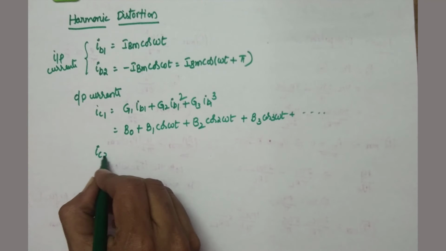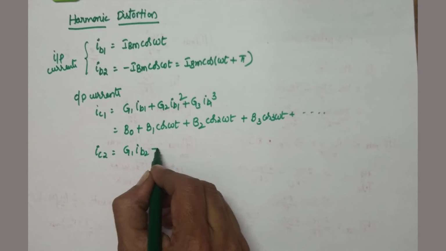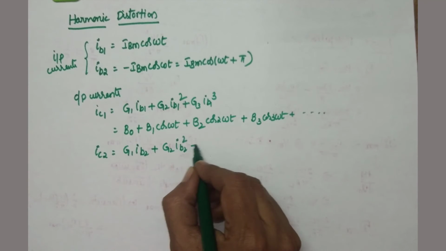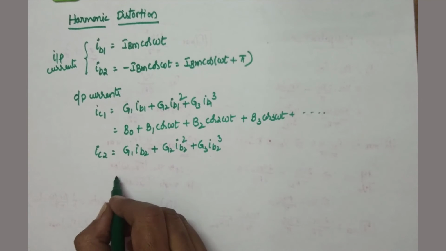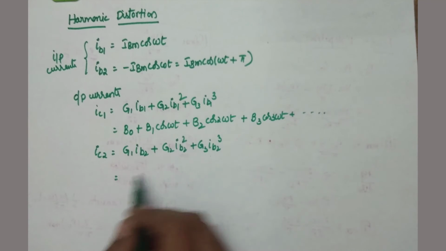Same way, if you write IC2, assume it as G1 IB2 plus G2 IB2 square plus G3 IB2 cube. Substitute this IBM cos omega t plus pi in this.